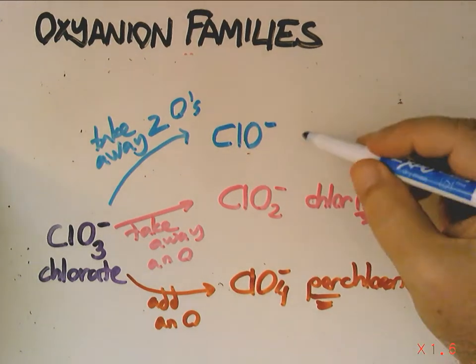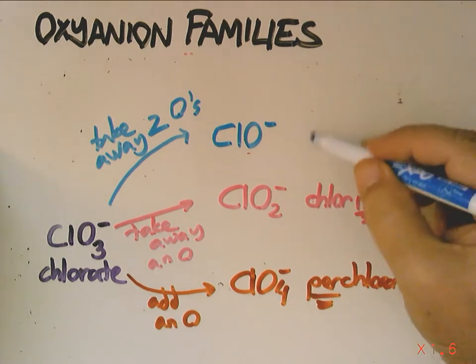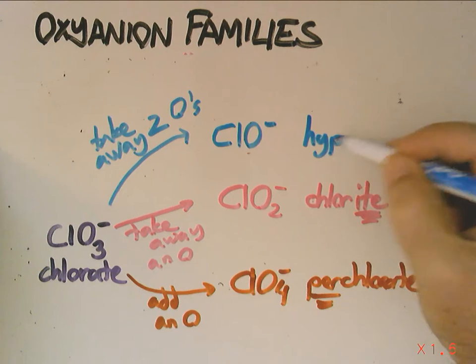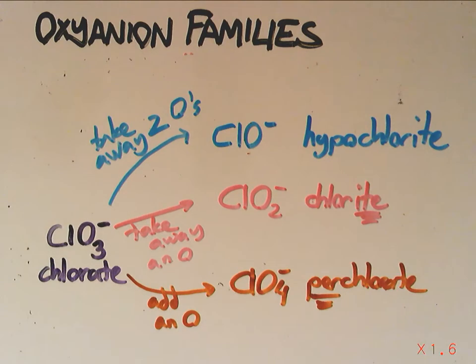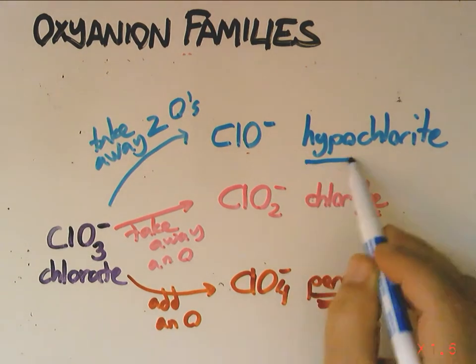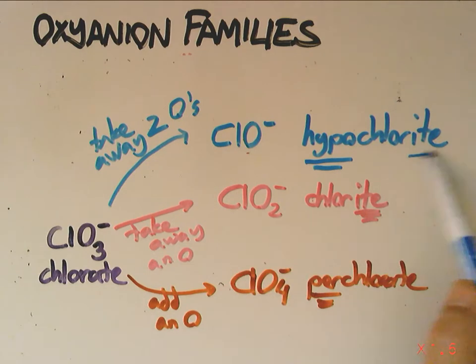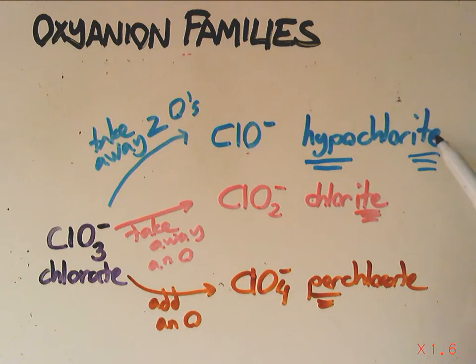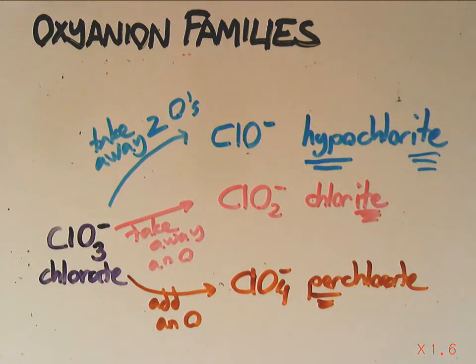Now, they name this by putting a hypo in front of the chlorite. Hypochlorite. Now, hypo is the prefix, and that means take away 2. You put a hypo in the beginning, and you have to have an ITE on the end to take away 2. Think of it like this. This takes away 1, and then this takes away 1 more. So that's hypochlorite that you have.